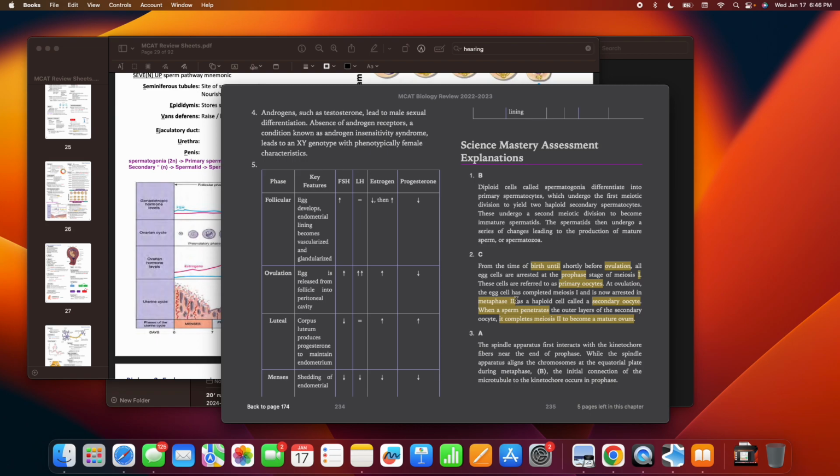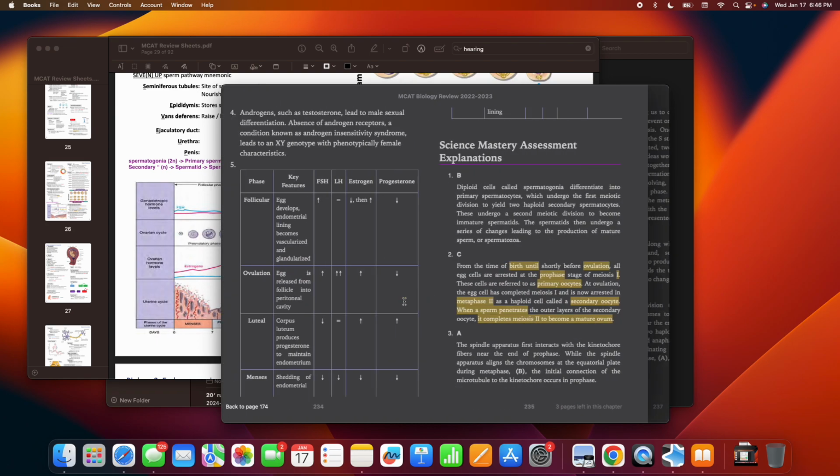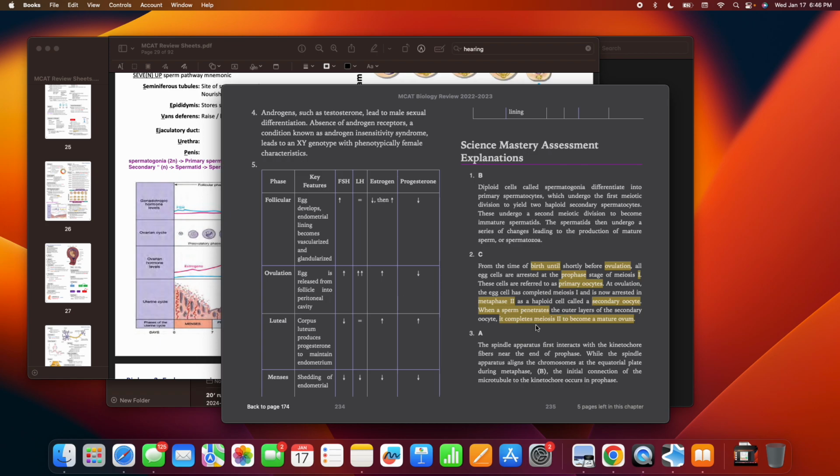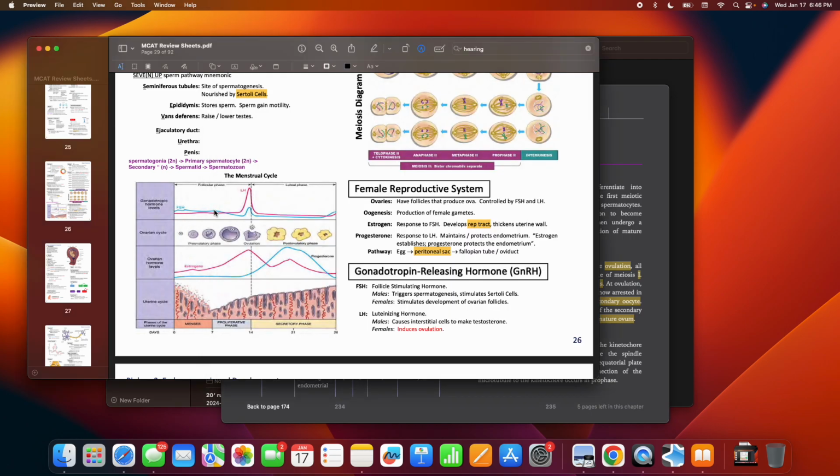And when a sperm penetrates the outer layers of the secondary oocyte, it completes meiosis 2 to become a mature ovum. Ovum is the singular form, and the plural form is ova, right? Because we have ovaries that have follicles that produce ova.